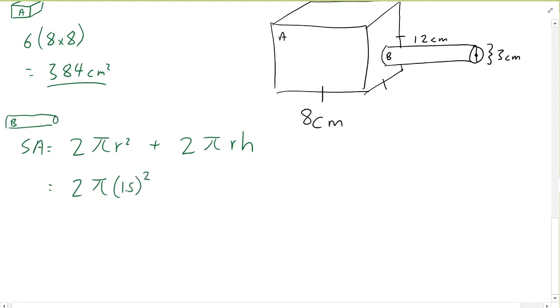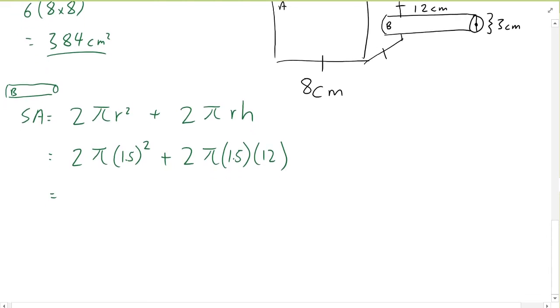Okay, so there you go. There's r squared plus 2 pi. Again, r is 1.5, not fooling me there. And h is 12. Now, just like before, I'm going to recommend that you leave the pi until the very end.